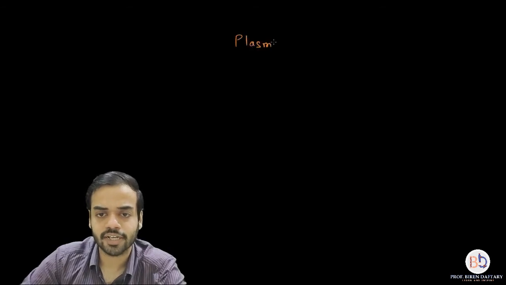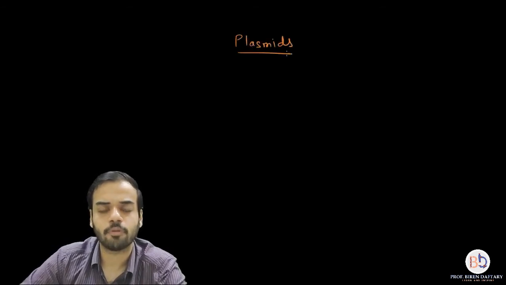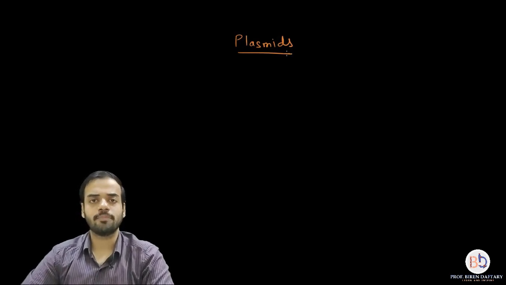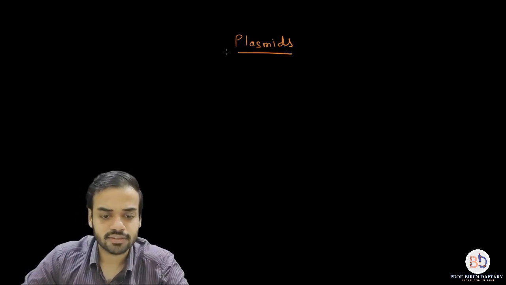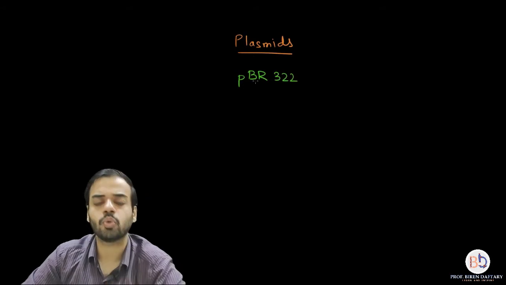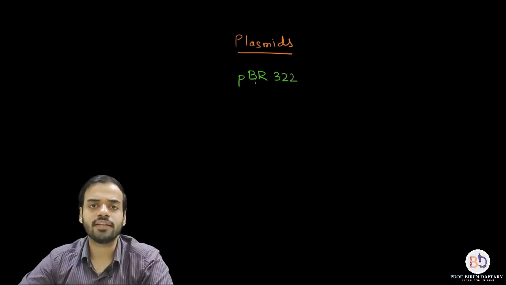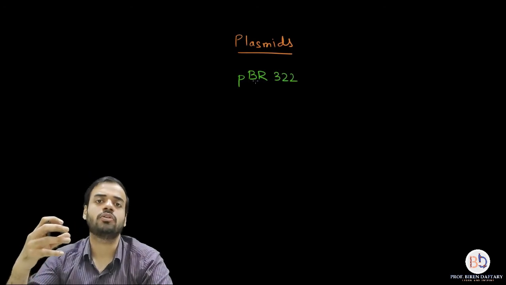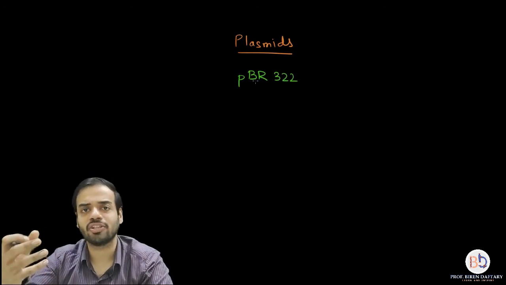All right, so let us start with the part. Plasmids are nothing but cloning vectors. They are the most popular type of cloning vectors. Now, which is the most common type of plasmid which is used? That plasmid is called pBR322. Now in that restriction enzymes video lecture, I have taught you how to name the restriction enzymes, what the nomenclature is.